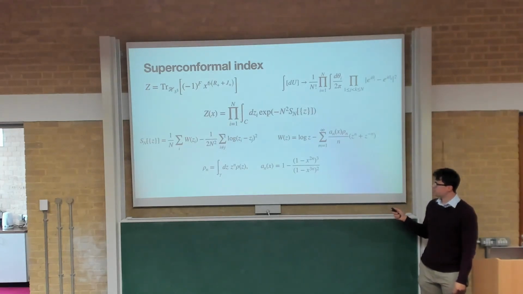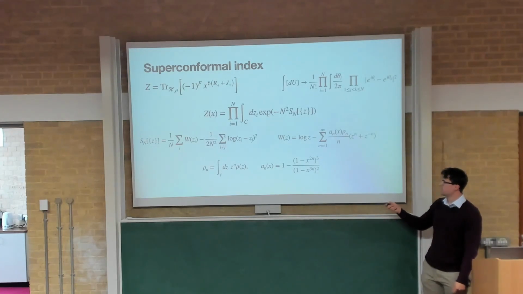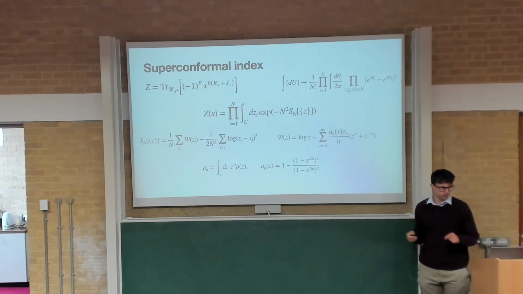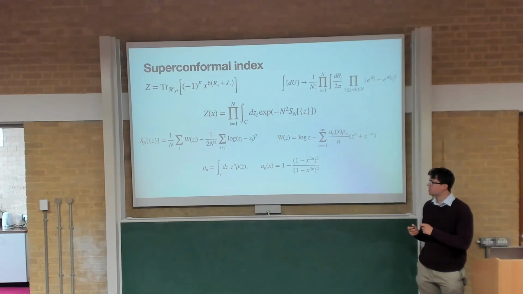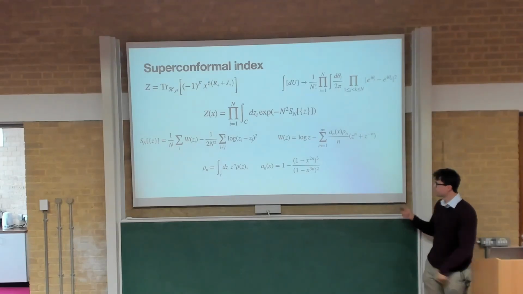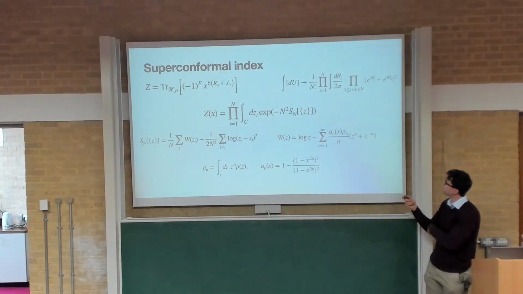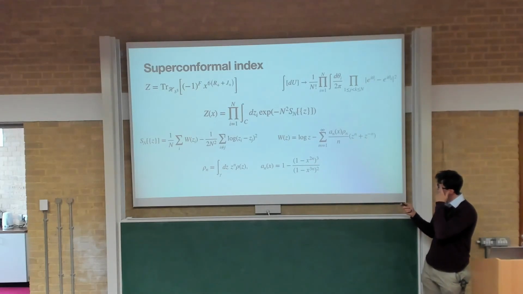So we can represent the index as a path integral over the modes over the S1, and these modes over the S1 are the same as the Polyakov loop, so you can represent it in terms of the eigenvalues.